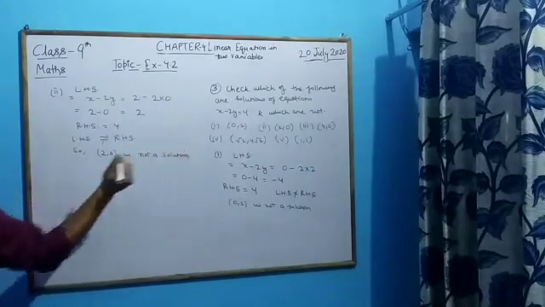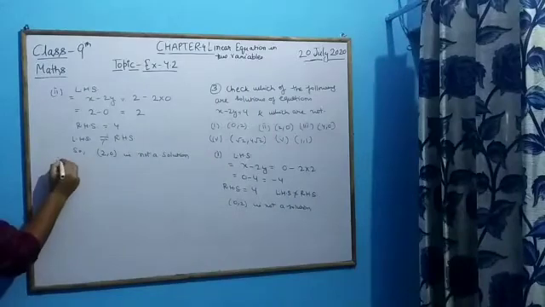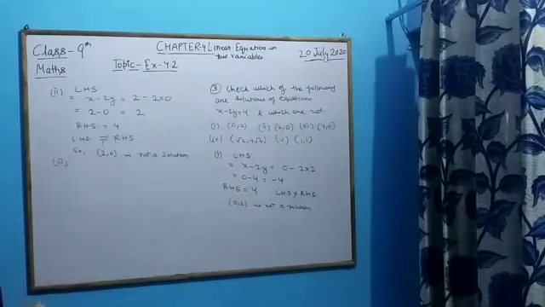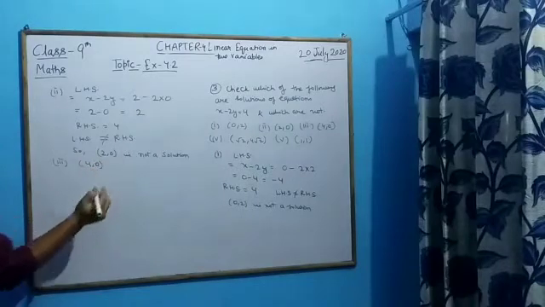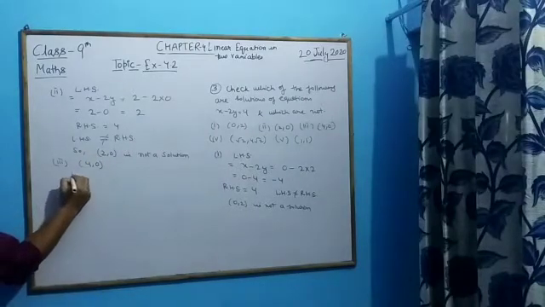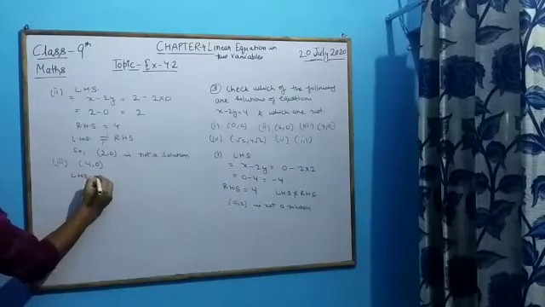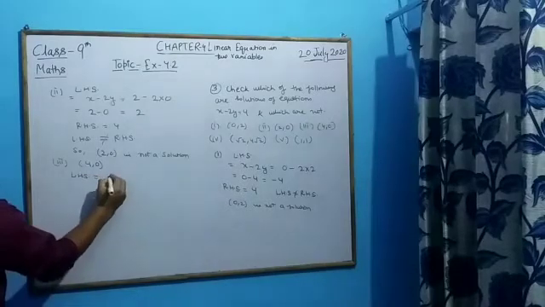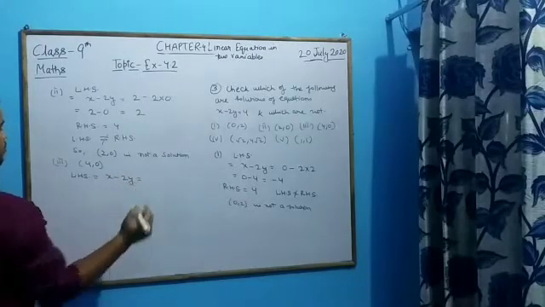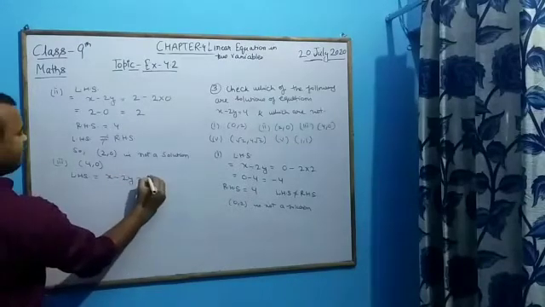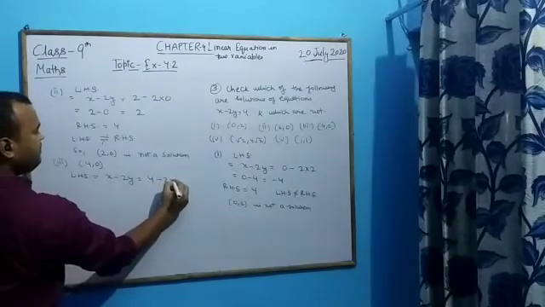Again, let us see the 3rd point. That is 4 comma 0. Let us put the points on the left hand side of the equation. X minus 2y. Let us put x as 4 and y as 0.